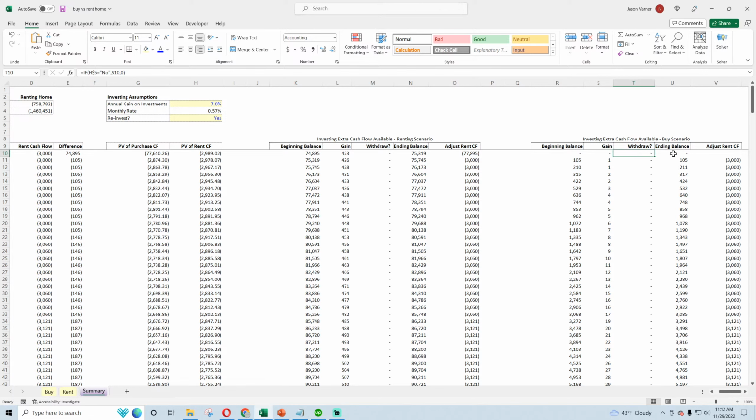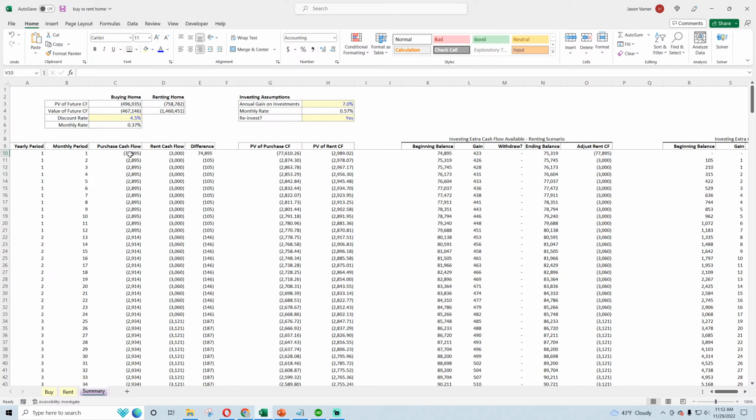We're assuming this is reinvested, ending balance, and then this adjusted rent adjusted by cash flow here needs to be essentially just this. Because there's no way your cash flow is going to be worse in period one for renting.